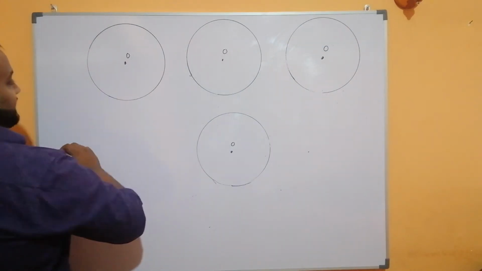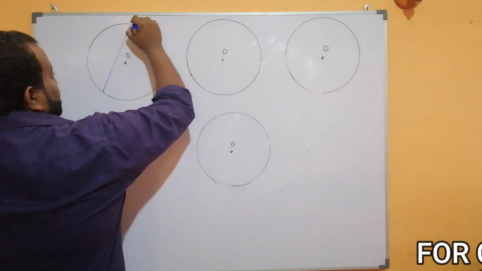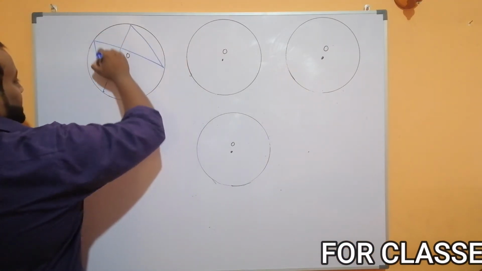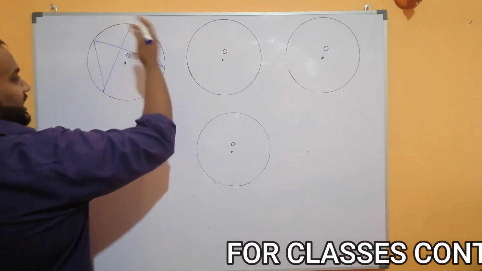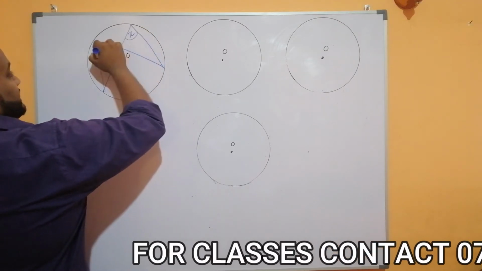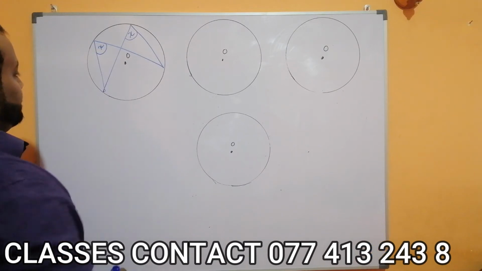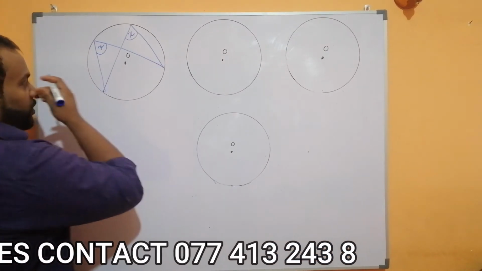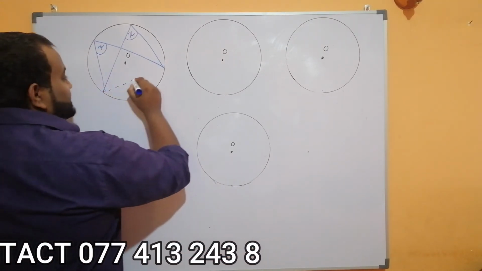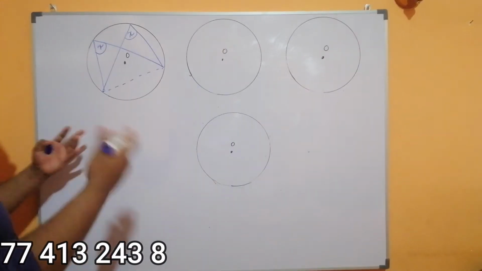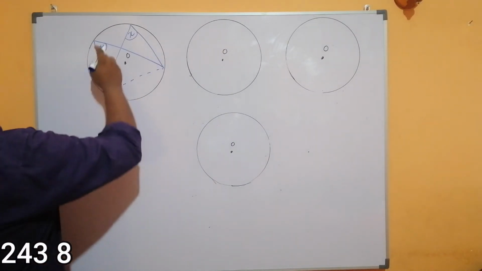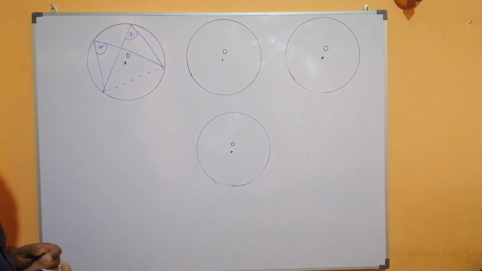Children, please understand that even though there is no chord present, we can assume that these angles are equal. Because we can just have an imaginary chord and we can say that these two angles are equal.